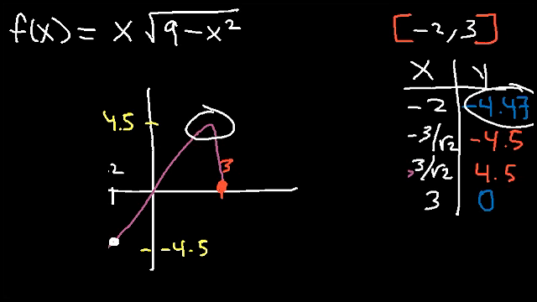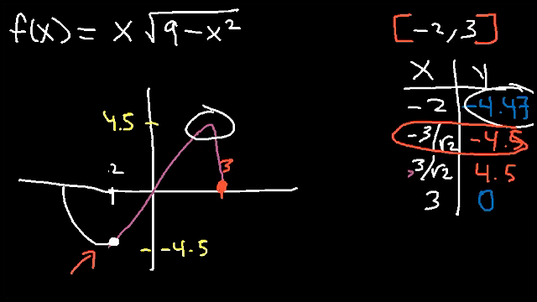Now we need to be very careful about something. So this point is the local minimum and the absolute minimum from the interval on negative 3 to 3.